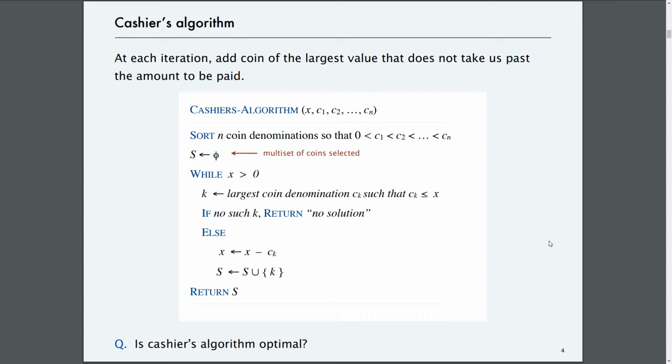So the first thing we do is we sort the coin denominations, and then we just iterate until we have reached 0 in value that needs to be returned.